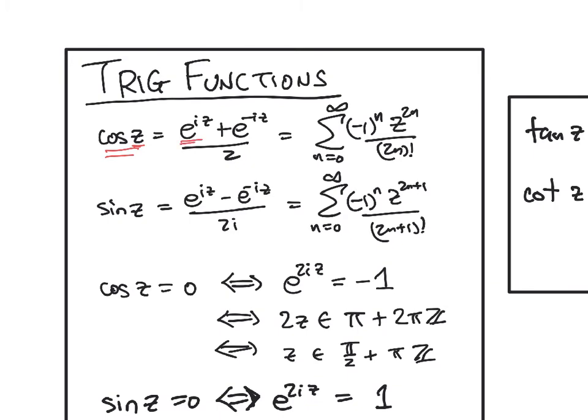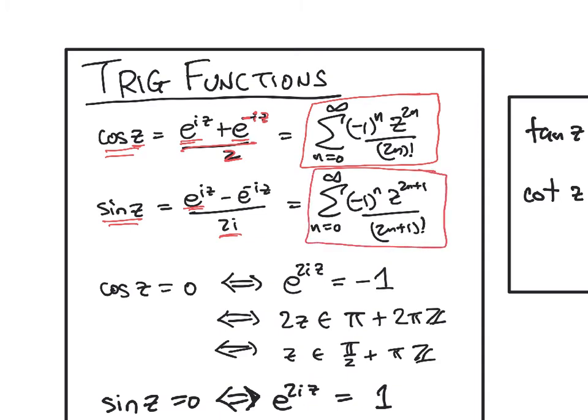So it'll be e to the iz plus e to the minus iz all over 2. And this gives the familiar power series that you learn in calculus for cosine. We define sine of z to be e to the iz minus e to the minus iz over 2i, and you get another familiar power series.